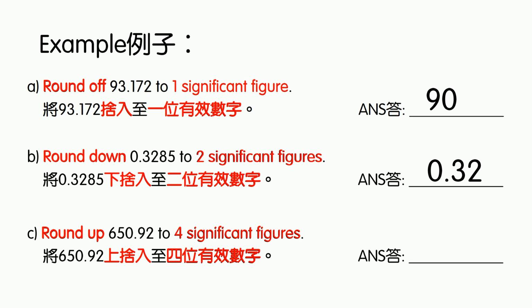Although this number is small, the question asks us to round up, which means we need to increase the value by 1. So after the increment, the answer is 651.0. Remember that you should write down the 0 after the decimal point in this case in order to keep four significant figures.